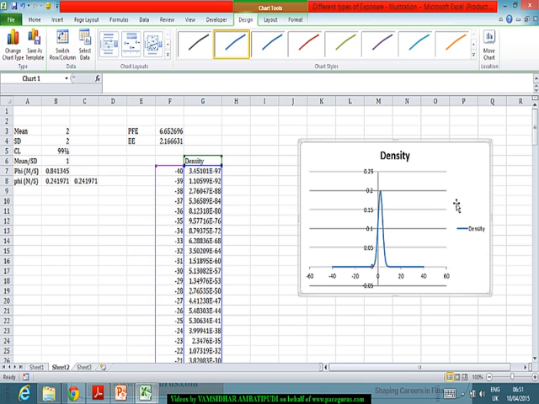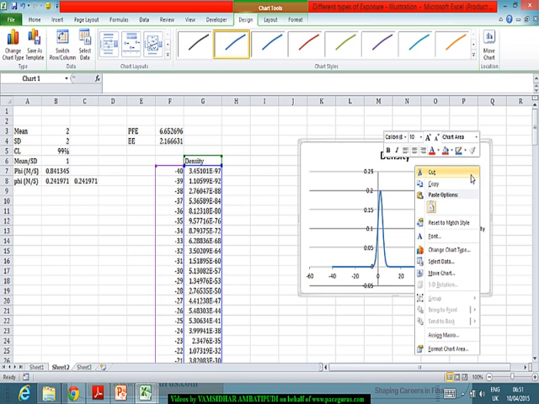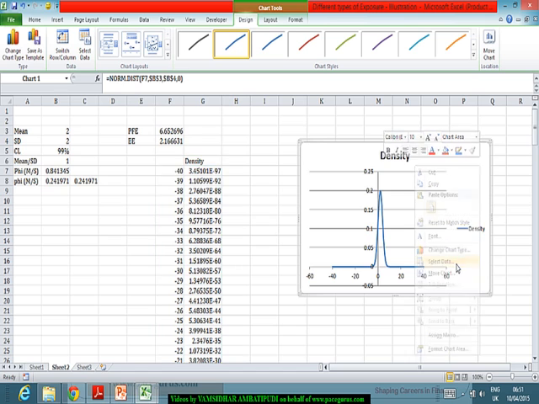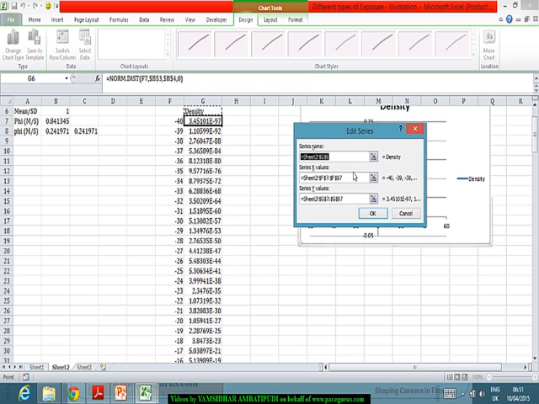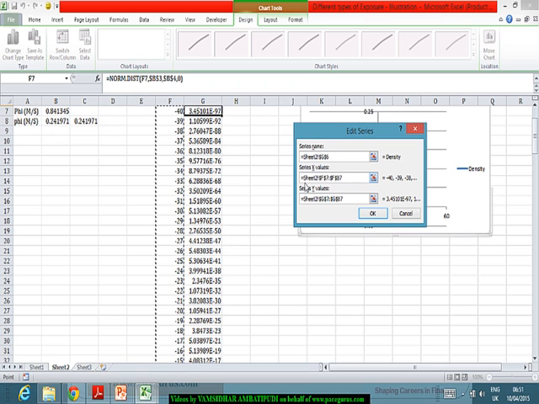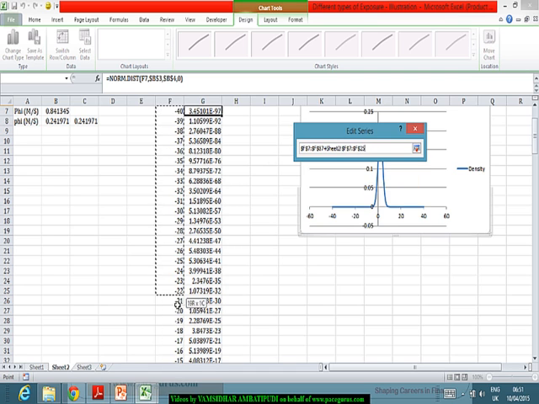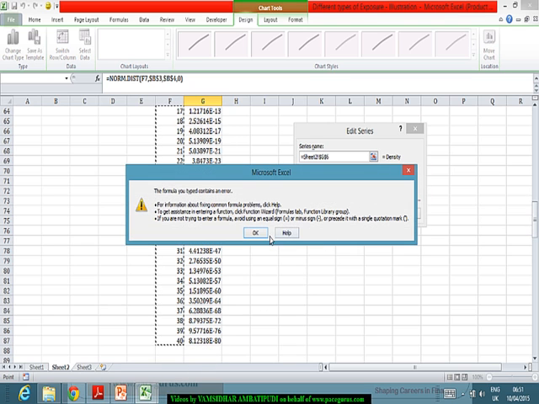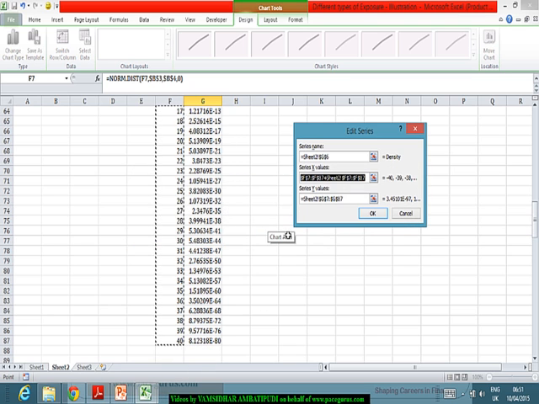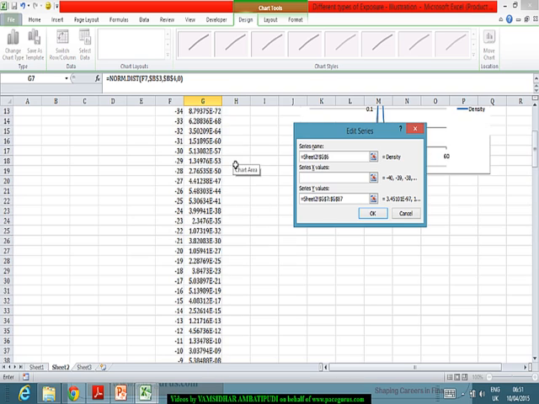But here let me include the selection of the data myself, and I'm calling this density.